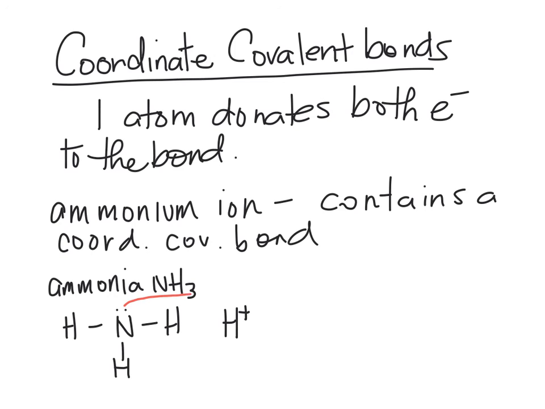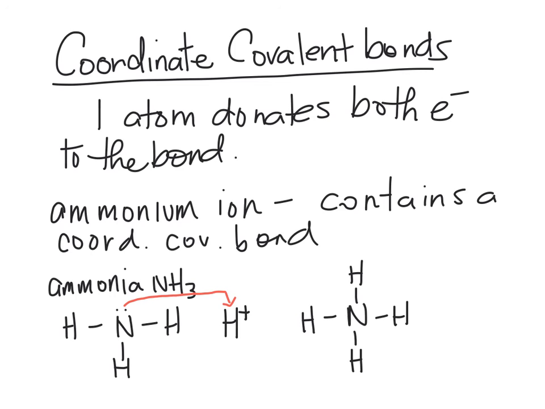So this pair comes in, and then you have four bonds. You can't tell which one is the covalent one. Don't know which one is the coordinate covalent bond at all. But we have something that came in with a plus charge.